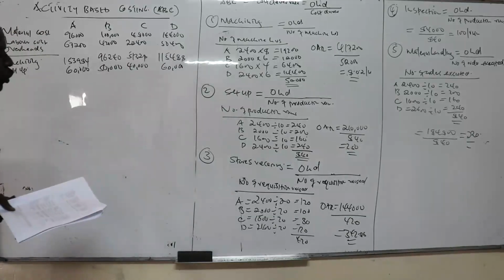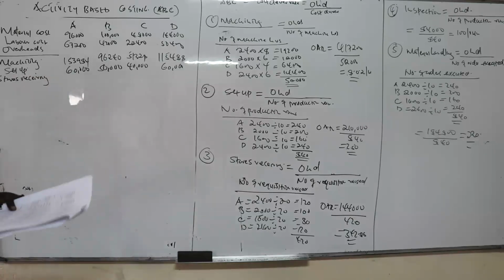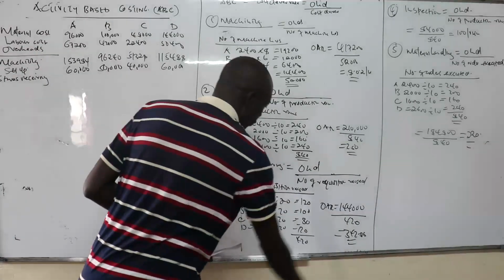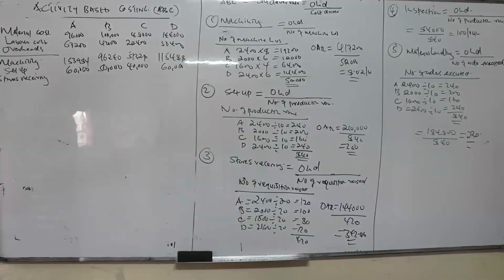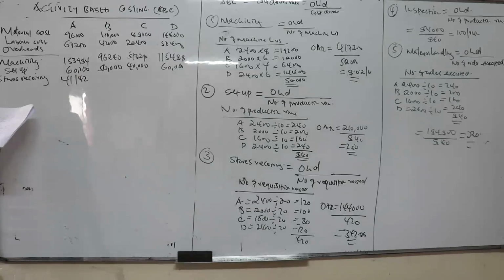We go to stores receiving. Stores receiving had 120 requisitions multiplied by 348.86. What do you get? 41,143.